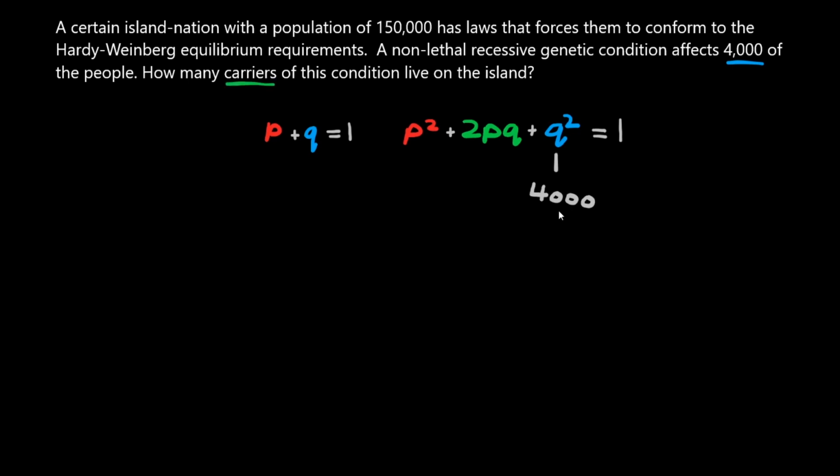Before we move on, we have to convert this 4,000 here into a percentage, or a proportion. Or the calculation won't work out, right? Everything is done in frequencies or proportions. So here we find it's 0.026, and we can calculate q from this.